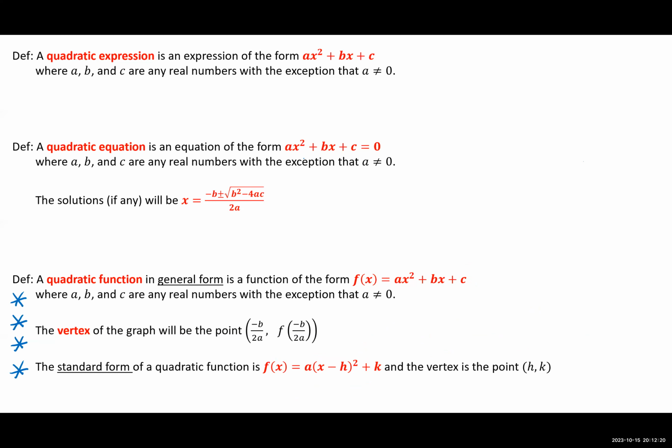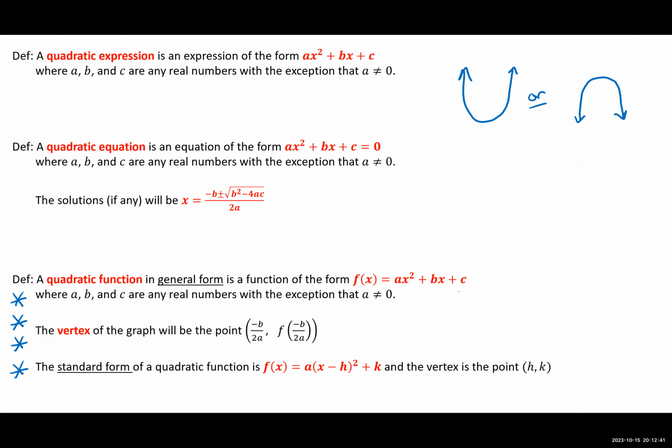But y equals, or f of x equals ax squared plus bx plus c. The graph is going to be a parabola. It's either going to be pointed up or pointed down, depending on the a.